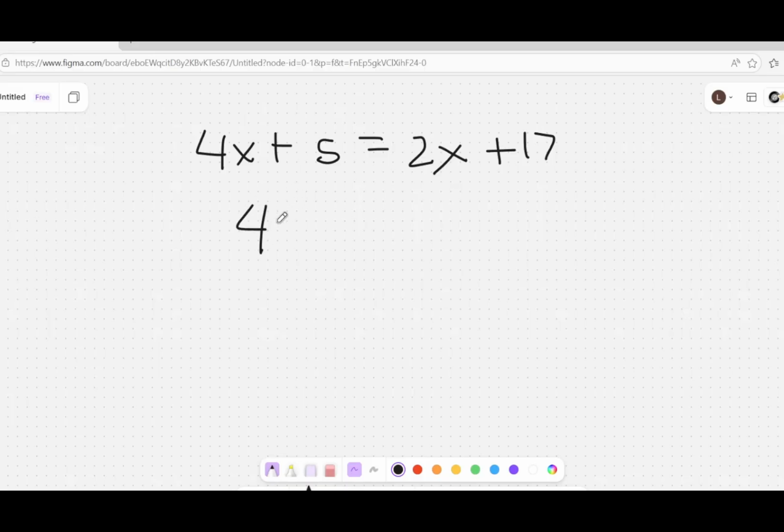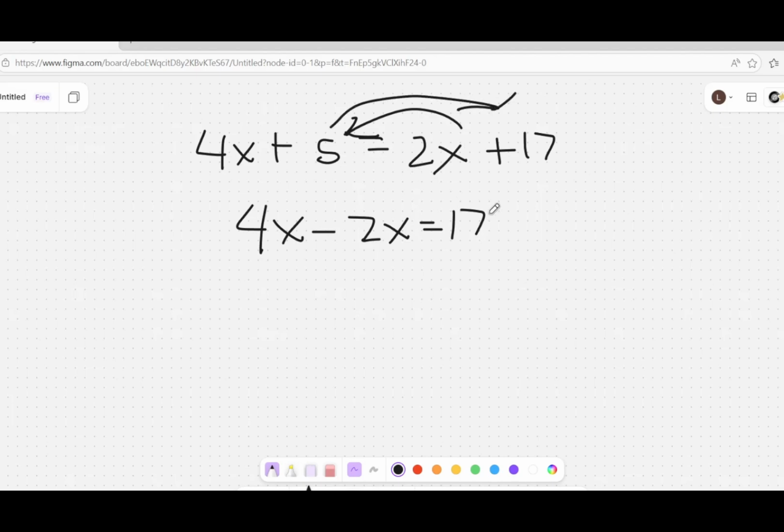So let's just copy 4x, and since this is a positive 2x, transposing this will cause the sign to change. So plus 2x on the right side will change to minus 2x on the left side. And we can copy 17 and transpose 5 to the right side.